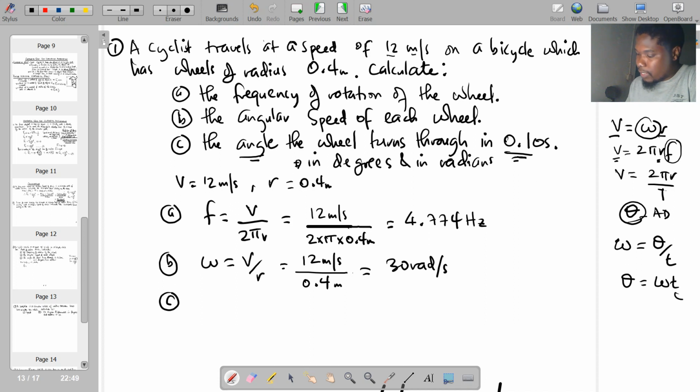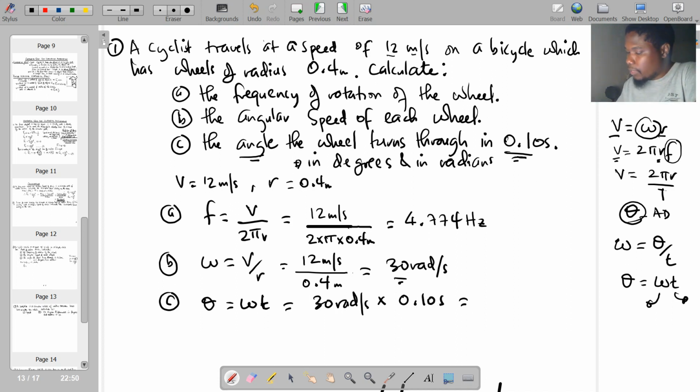Okay, so we know the time that has been given, we know the angular speed that we found there. So it means angular displacement will be equal to omega times time. This becomes 30 radians per second multiplied by 0.10 seconds.